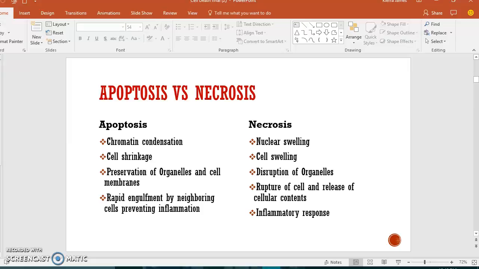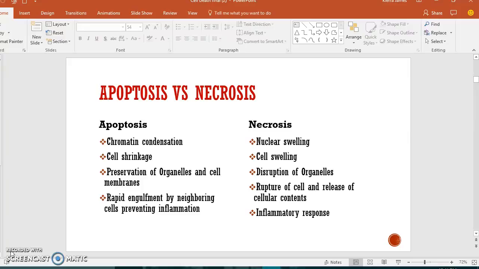It promotes morphological changes that minimize the impact on neighboring cells to avoid promoting an immune response. Apoptosis causes the cell to shrink and become condensed. The cytoskeleton will break down, the nuclear envelope will dismantle, and the DNA will become fragments.